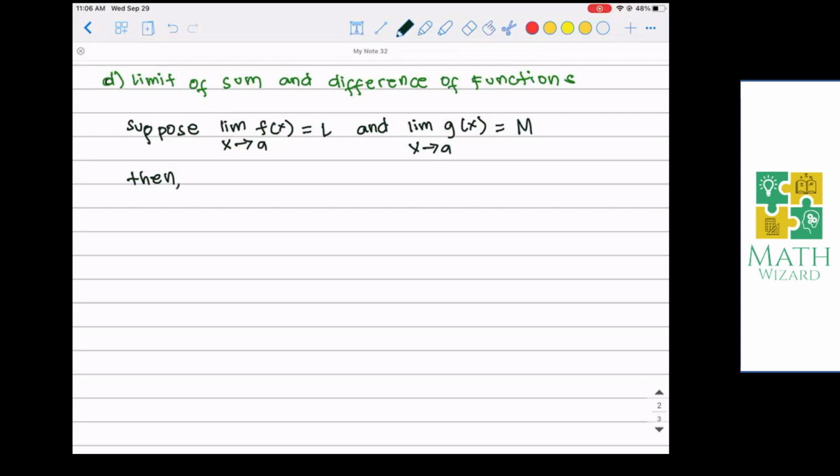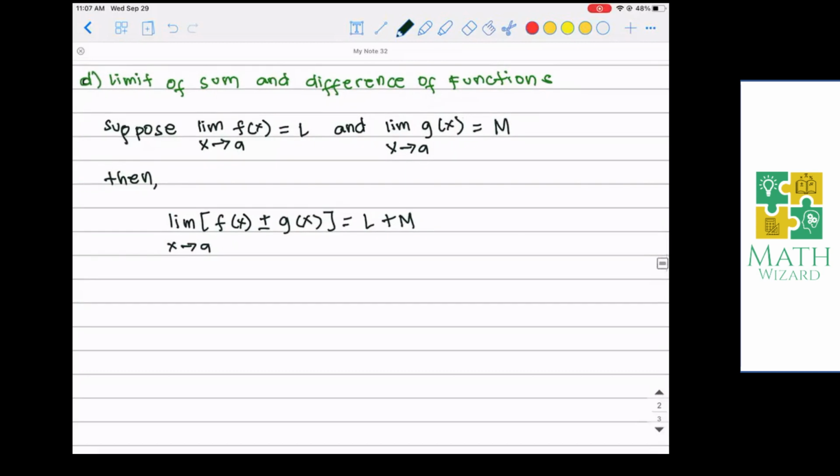Let's write it this way. So it becomes the limit of f of x, either we add or we subtract, depends on the operations being used, g of x is equal to L plus M as x approaches to letter A. Ibig sabihin lang nito, kapag meron tayong given na f of x, and then another which is the g of x, and then we need to add them or we need to subtract them, ang gagawin natin is, let's treat them separately.